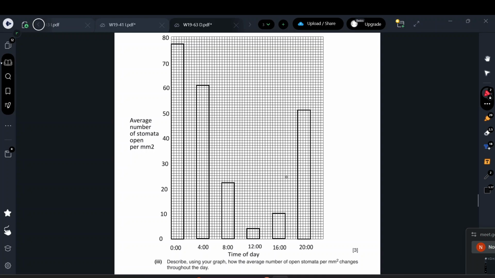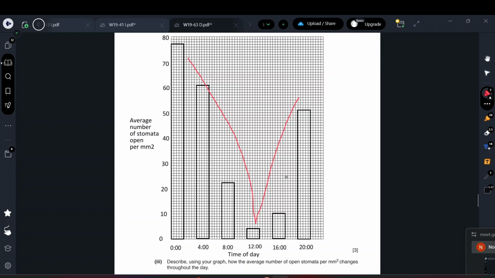Describe using your graph how the stomata change throughout the day. Using my bar chart, as I can see, the average number of stomata opening decreases until 12 and then increases. Highest number was at 0.00, then it decreased till 1200, increased again till 800.